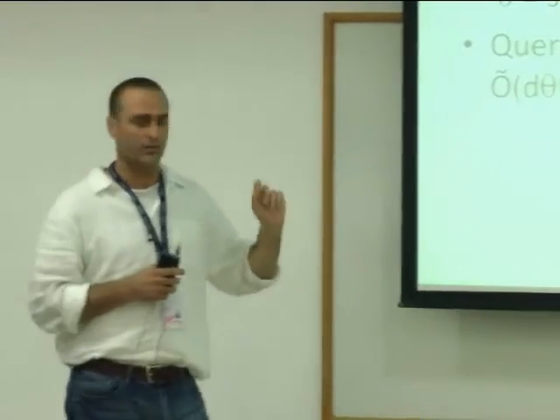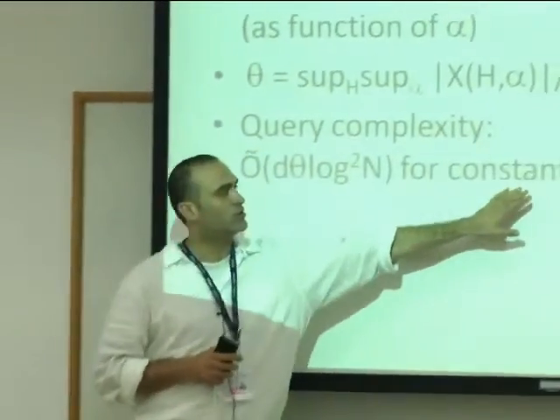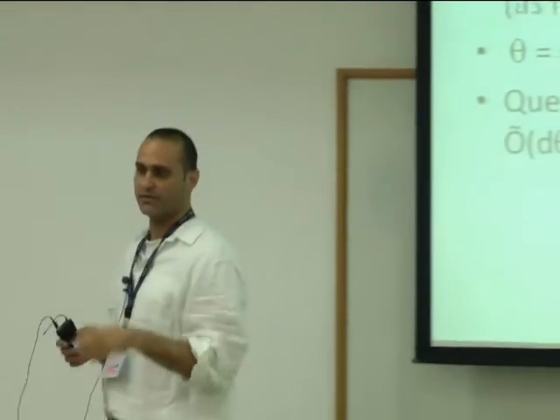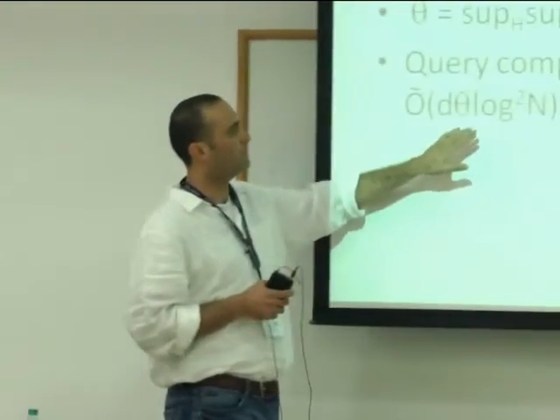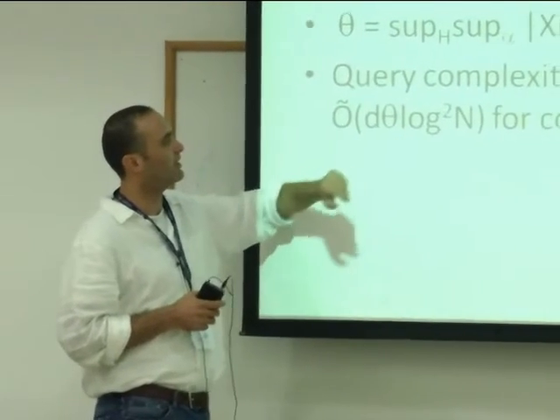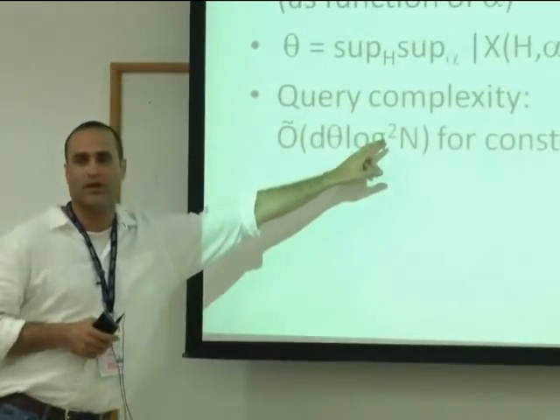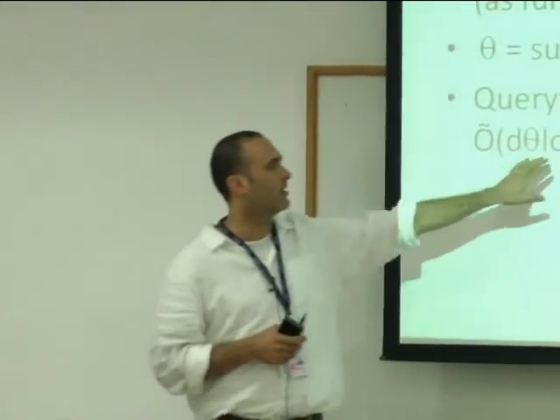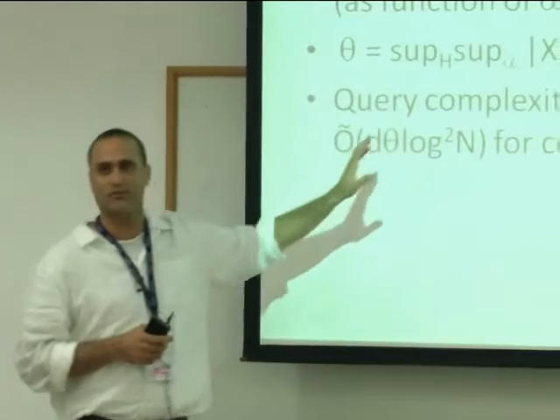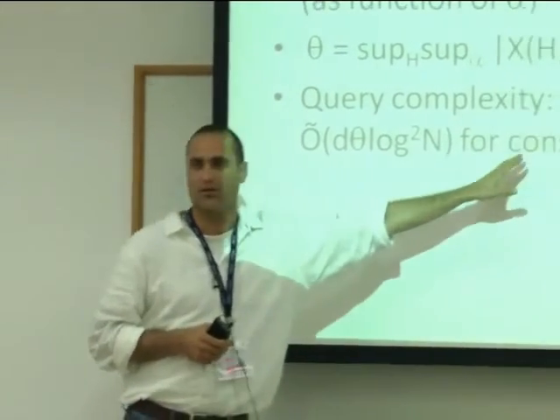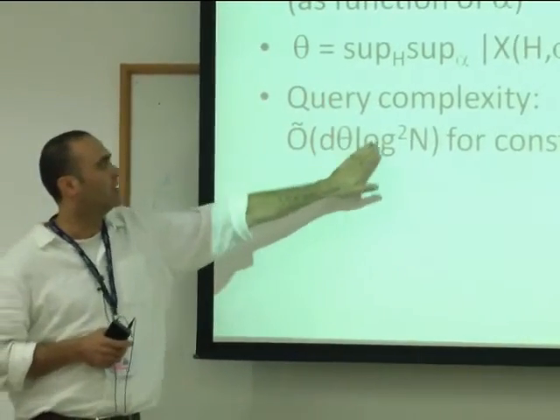Now I'm going to be careful. I'm going to assume epsilon is constant, say 0.001. But the query complexity becomes D times theta. In our case it's log n, but in general it's log squared of 1 over epsilon, which I'm assuming is constant, so you can ignore that.